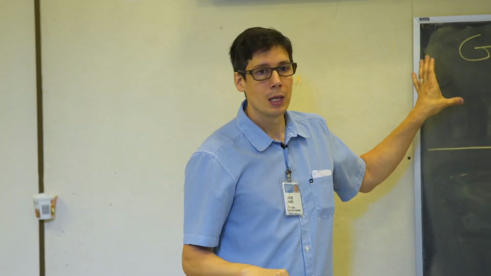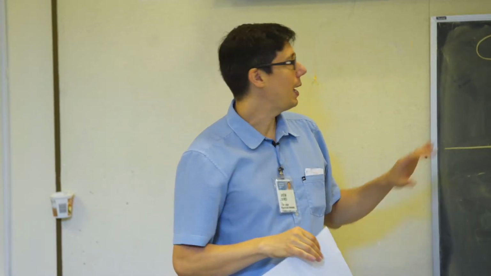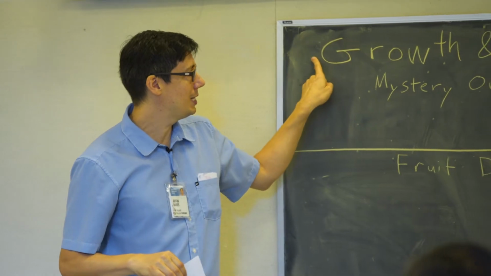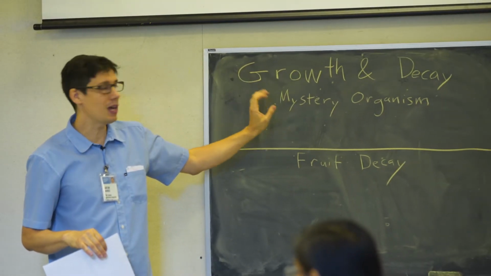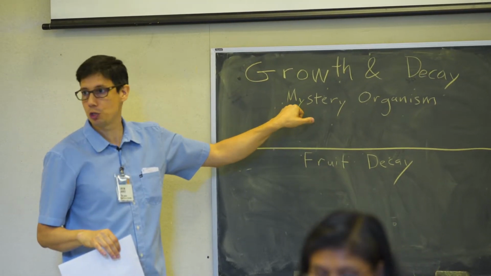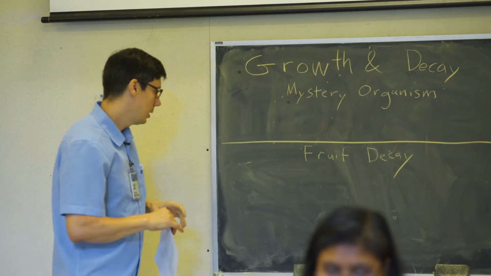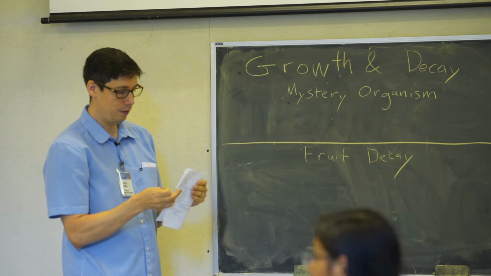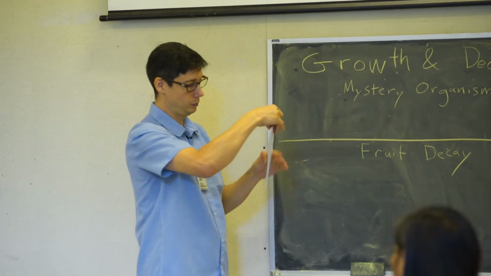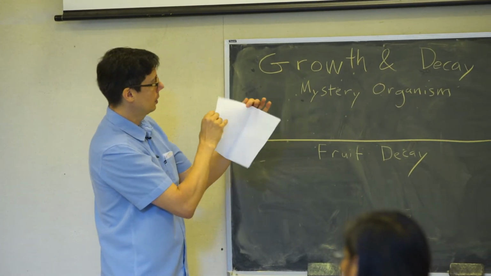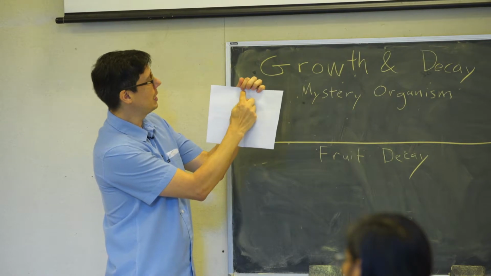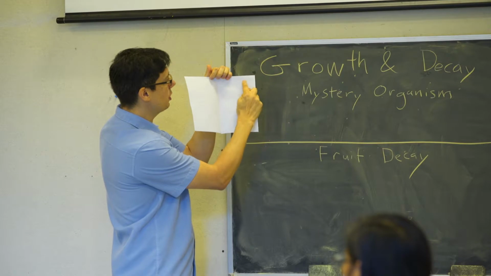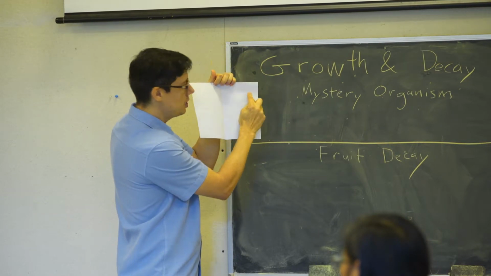So for your first page, the title is going to be Growth and Decay. And on that page, if you could also write Mystery Organism. And then on the accompanying page, so this is my field journal. On this page, I can have Growth and Decay, Mystery Organism. And on this side, I can have Growth and Decay, Fruit Decay.